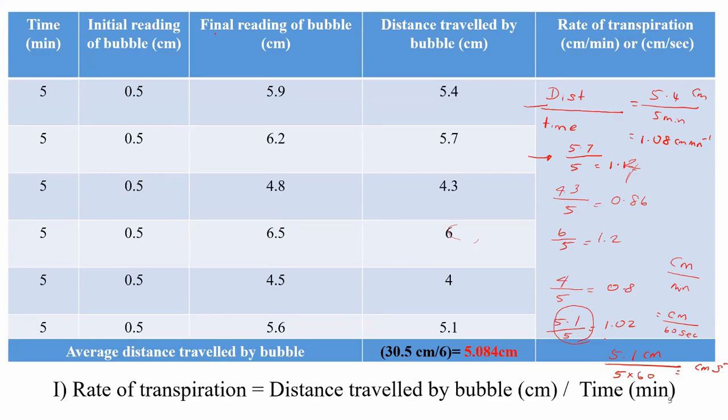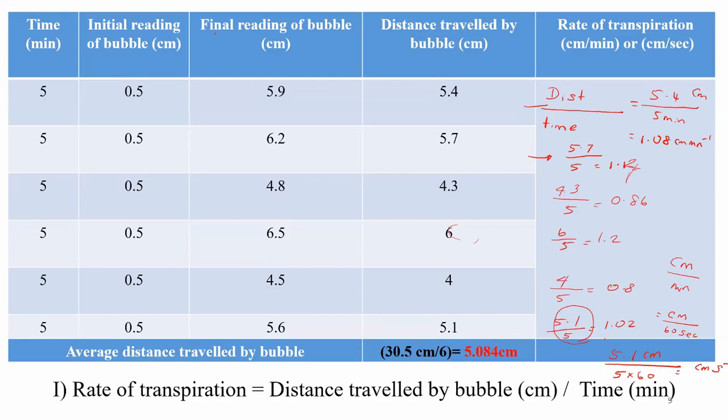In the first 5 minutes, the transpiration rate is 1.08 centimeter per minute. After 5 minutes, you see 1.14 centimeter per minute. After 5 minutes, you see 0.86. It's not constant, it doesn't simply increase or decrease. The decreasing or increasing rate is also not constant. At intermediate times it will sometimes increase or sometimes decrease.